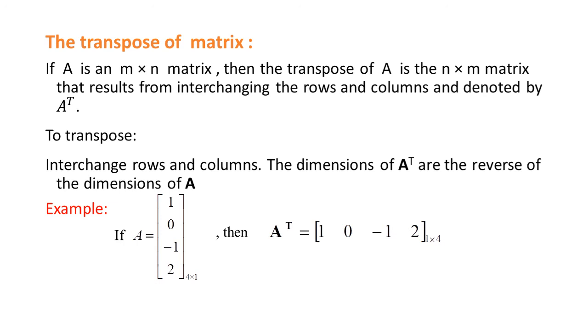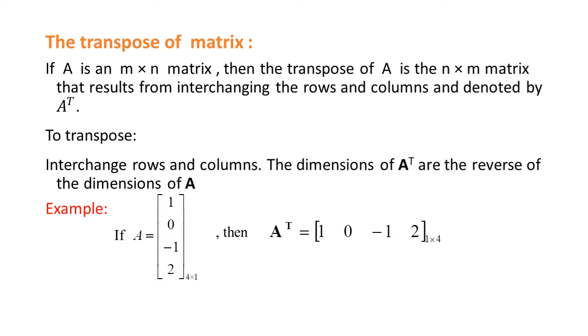The first number 1 becomes the first column. The second number 0 becomes the second column. The third row, minus 1, becomes the third column. The fourth row, 2, becomes the fourth column. So here we get 1, 0, minus 1, 2 for A transpose.